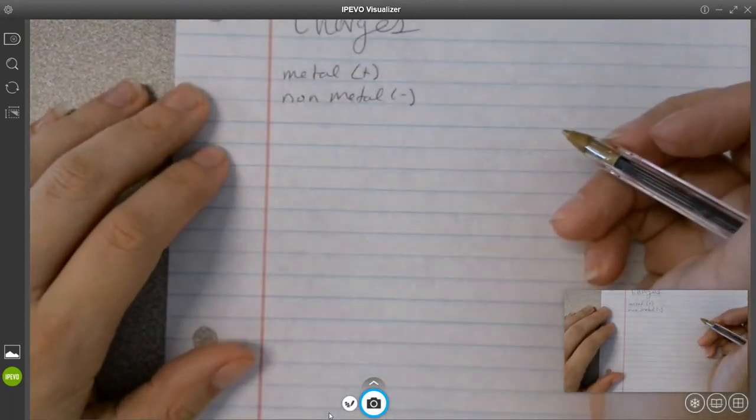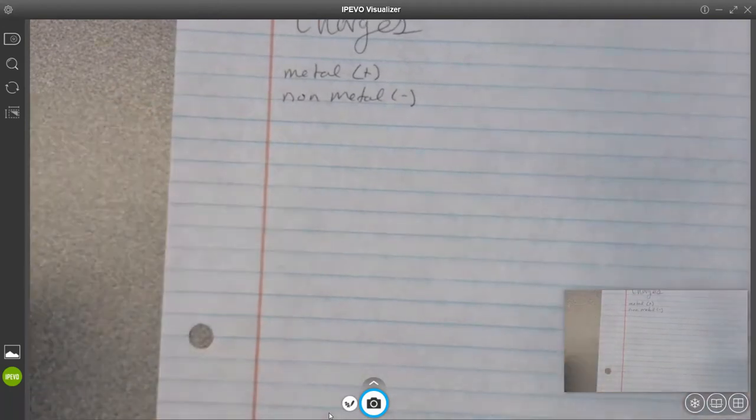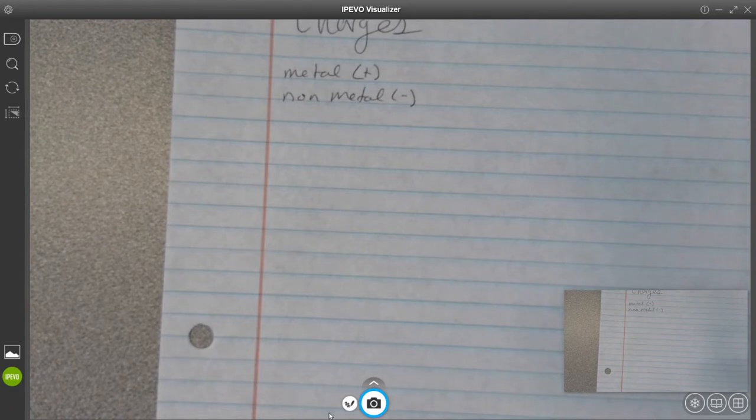And this comes from our relationship between our Lewis dot diagrams and our valence electrons.